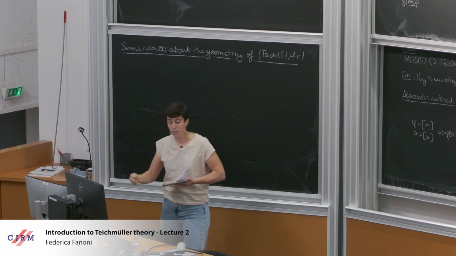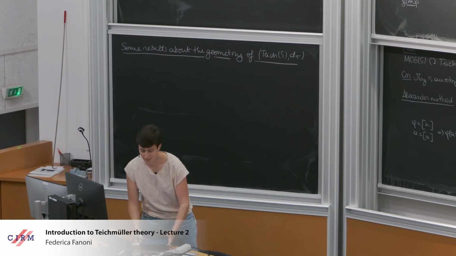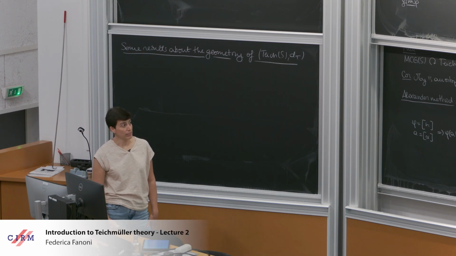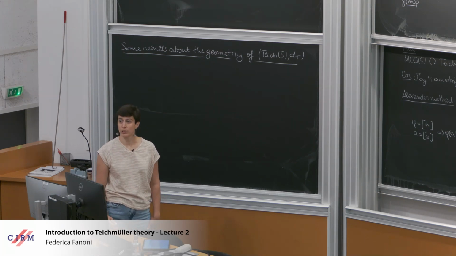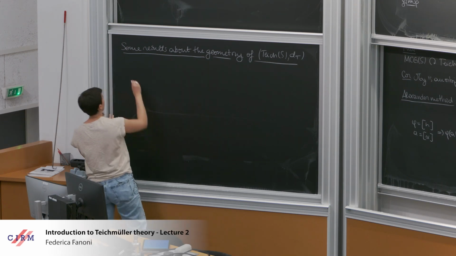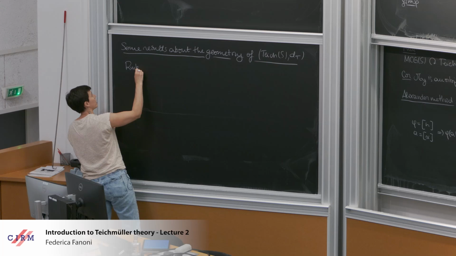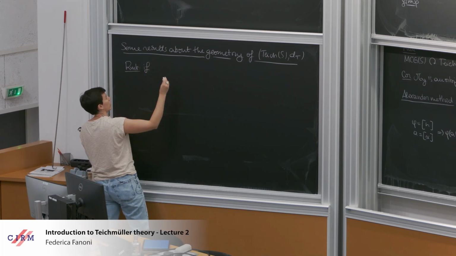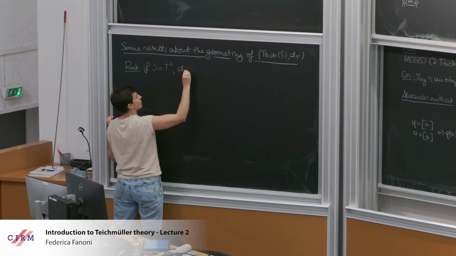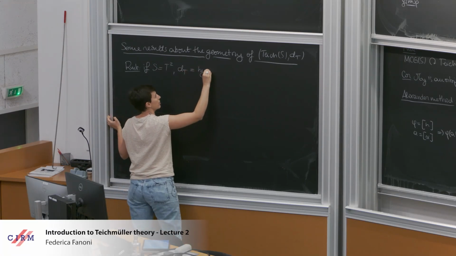So maybe one comment in the exercises. One exercise is to show that this distance coincides with the hyperbolic distance in the case of the torus. So first, a remark is that if S is actually the torus, dt is the hyperbolic distance.